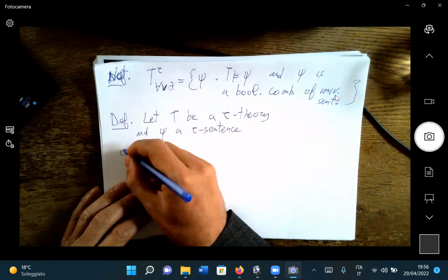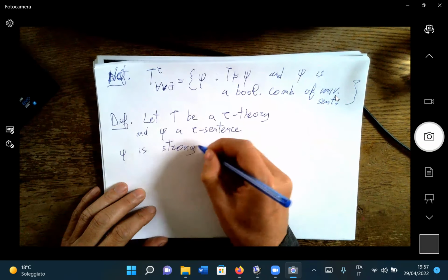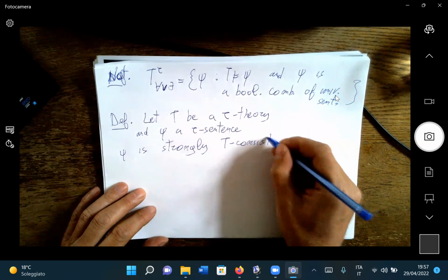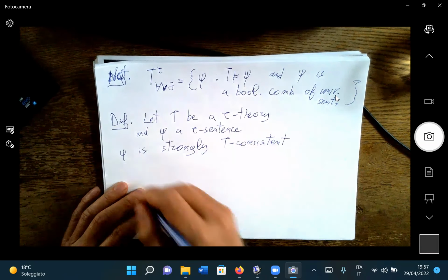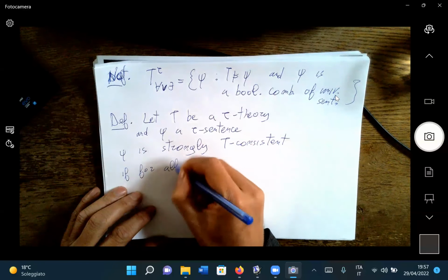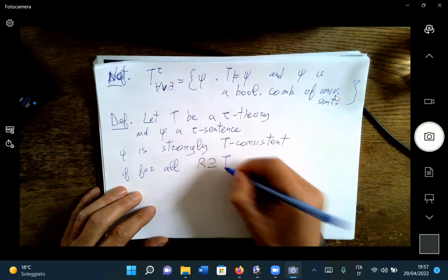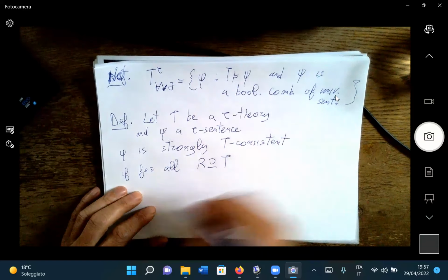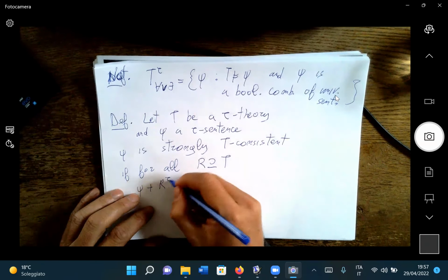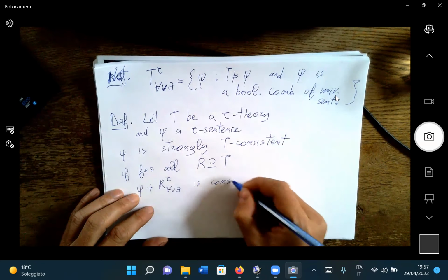We say that C is strongly T-consistent if for all R which extends T, we have that C plus R tau for all-vee-exist is consistent.